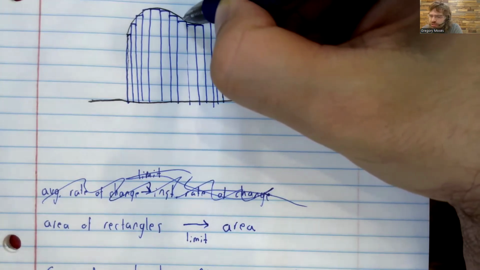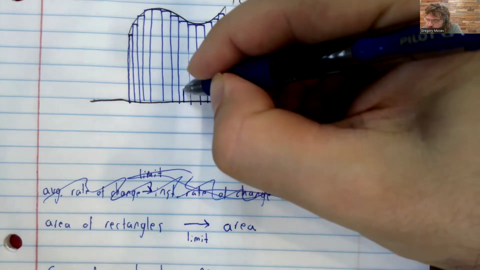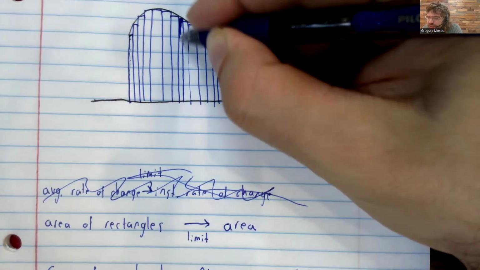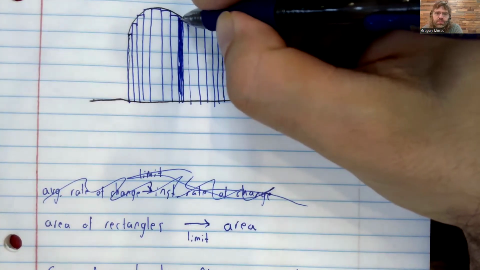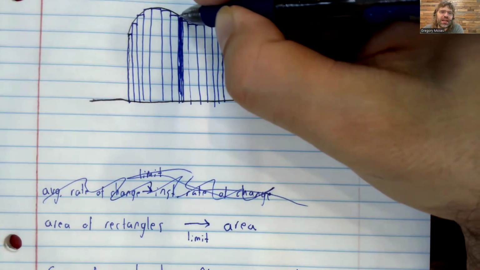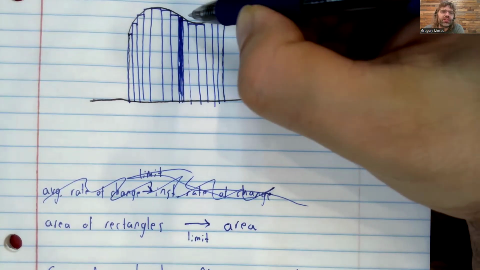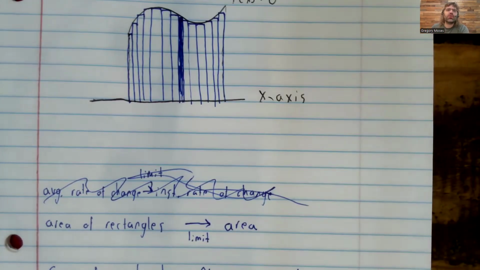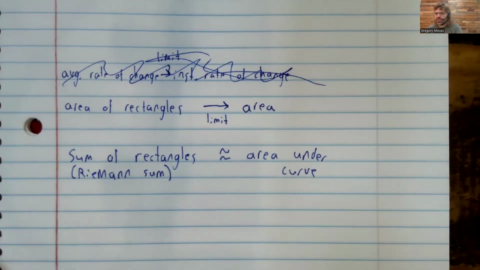How could we make this approximation better? Well, what if we took this rectangle and we split it into two? We had this big region that wasn't in any of the rectangles. Now part of that region is in this new rectangle. So in general, the more rectangles we have and the narrower they are, the better the approximation is going to be.